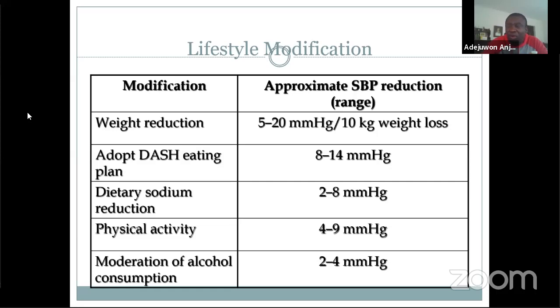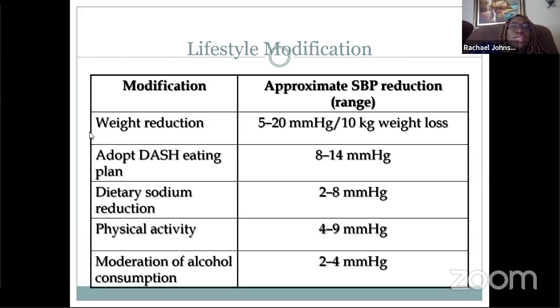What is mmHg? What does that mean? This unit of measurement is talking about the systolic blood pressure. The normal range of blood pressure is maybe 120/80.